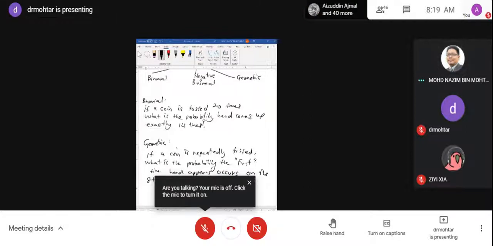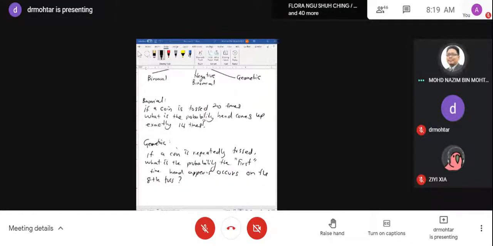So the geometric distribution is the distribution of the number of trials needed to get the first success. Remember, the binomial is the distribution of the number of successes. The geometric distribution is the number of trials needed to get the first success. We'll recap that later.